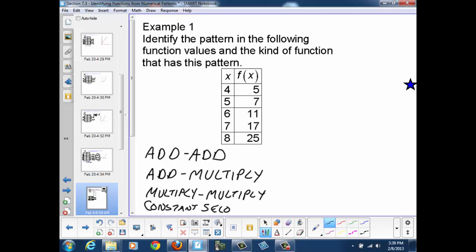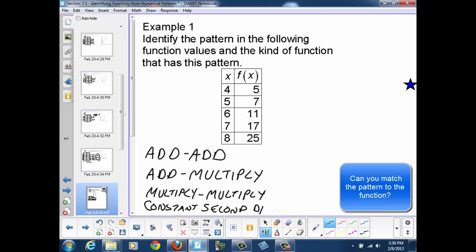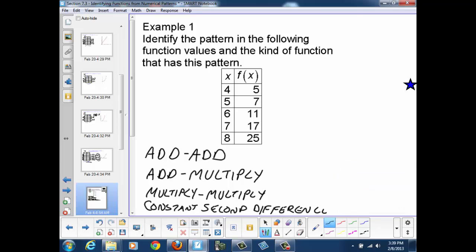See if you can remember which function applies to which pattern. All right, add is a linear function. Add multiply is exponential. Multiply is a power function. And finally, the constant second difference is a quadratic.